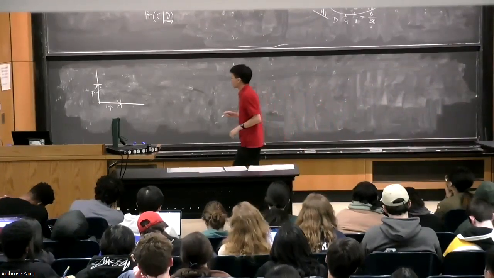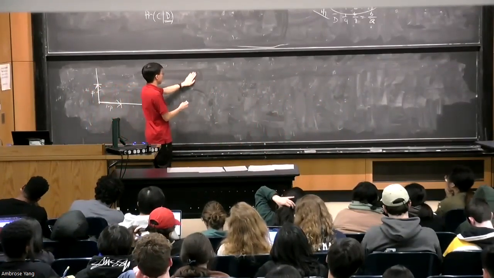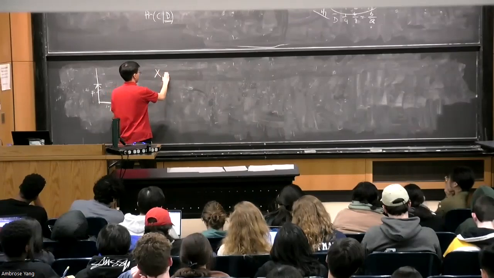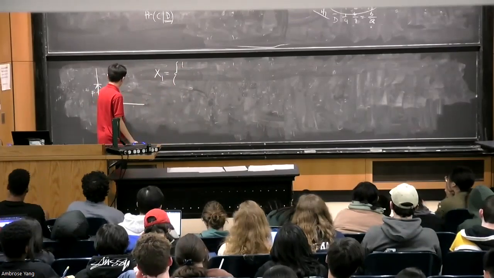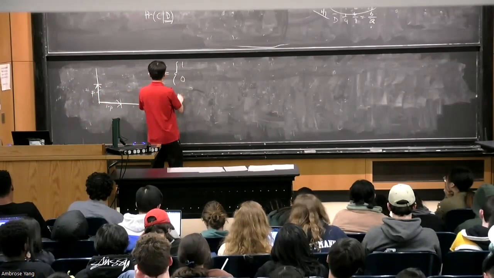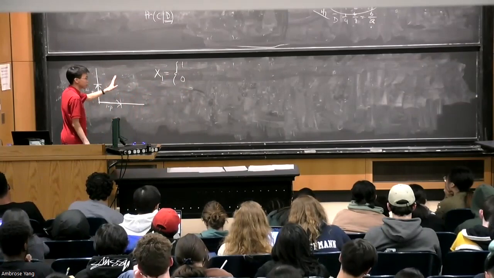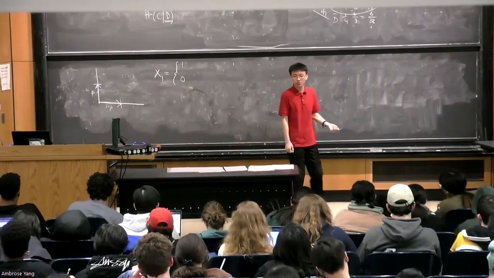So here, let's define a random variable x1 that's 1 if it goes this way, and 0 if it goes the other way. In other words, x1 represents how much x increase did I get on the first move.